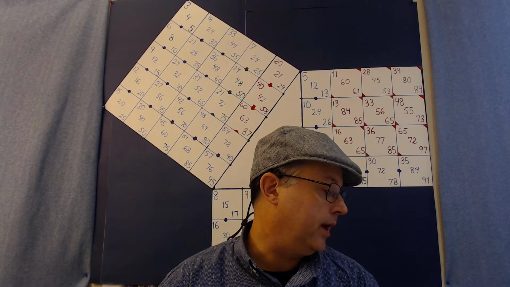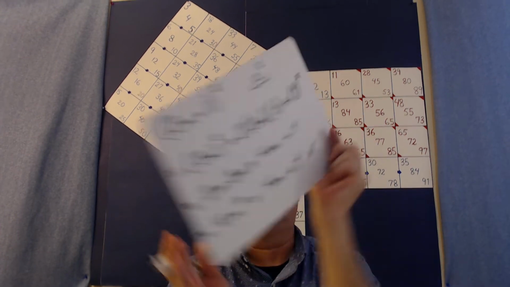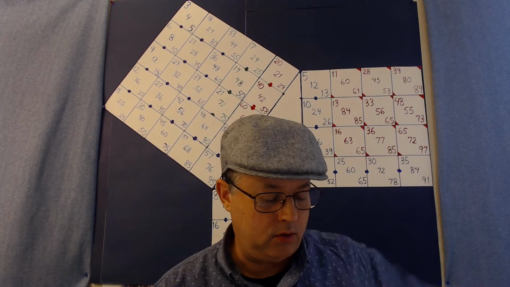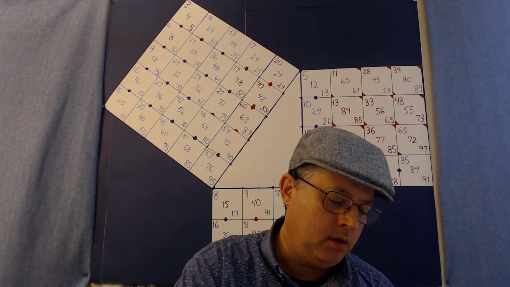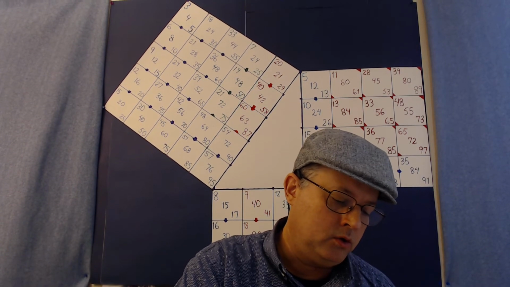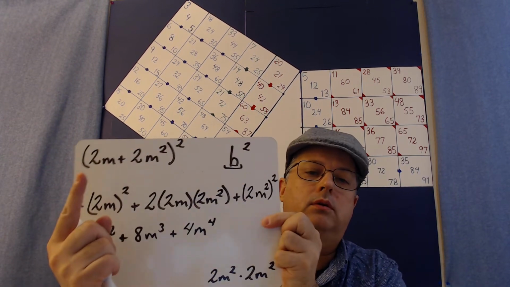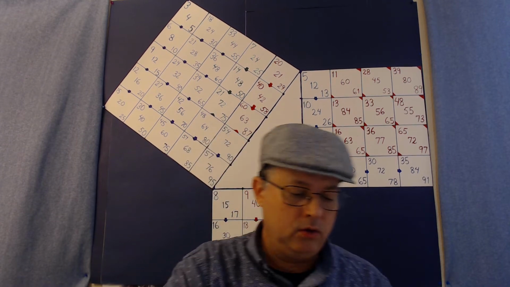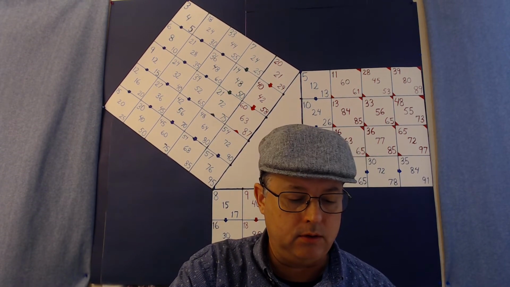Okay, so let's put that together now. Check this out. So what we did is we had this part here, the 2m plus 1, squared. And then we had the b expression, that's 2m plus 2m squared, squared. That's the b. Okay, so plus b squared, that's the 2m plus 2m squared, squared.